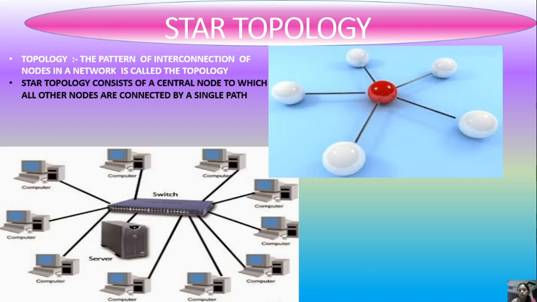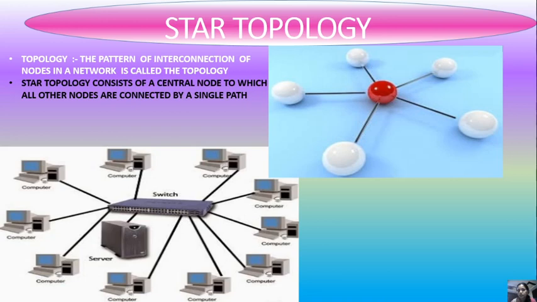Here star topology consists of a central node to which all other nodes are connected by a single path. On the right side one image is given. The red ball at the center is connected with the other white balls with a single path.